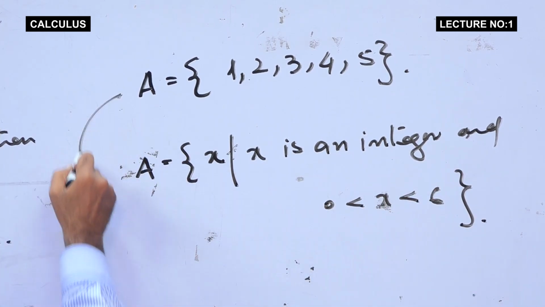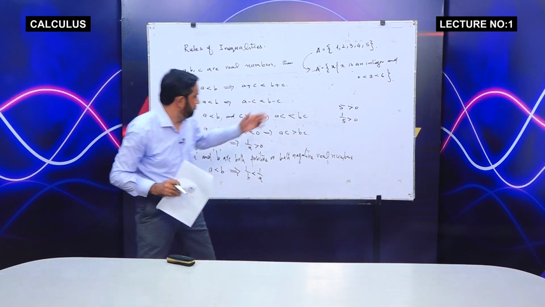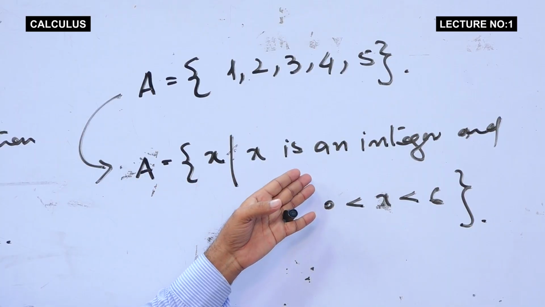So, the same set can be written in this form. This is the descriptive way to describe the set.